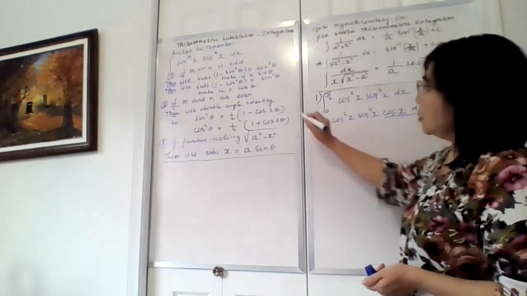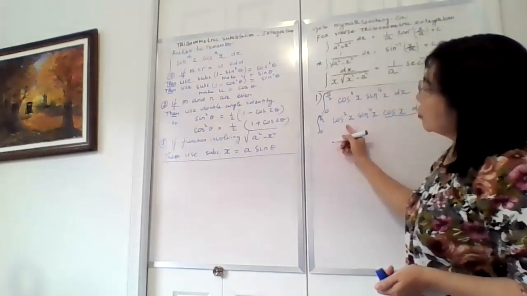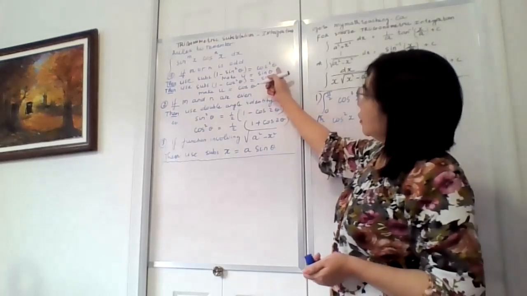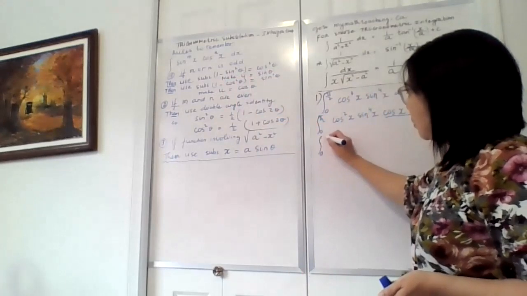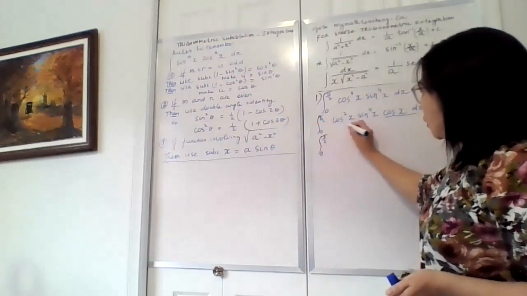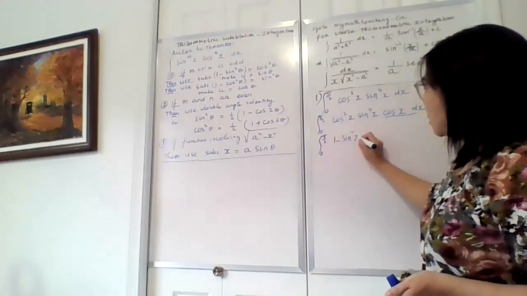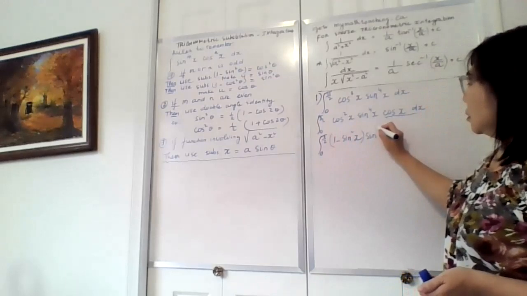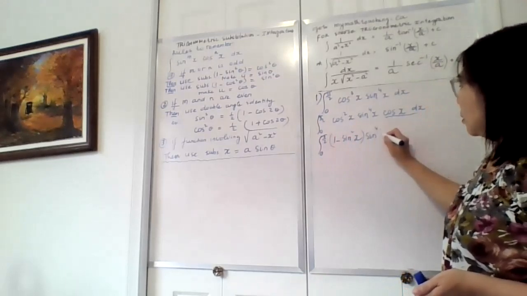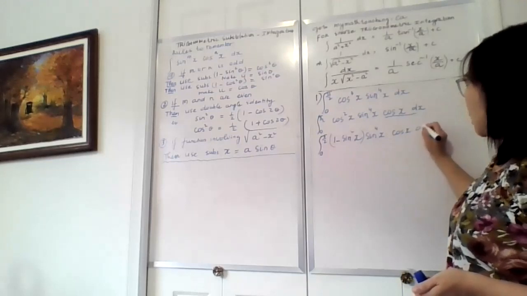So now I'm going to use this expression, right? We change the cos square x, which is cos theta, to become that. So now let's see what happened. I'm going to change this to become 1 minus sine squared x times sine to power 4 x times cosine dx.